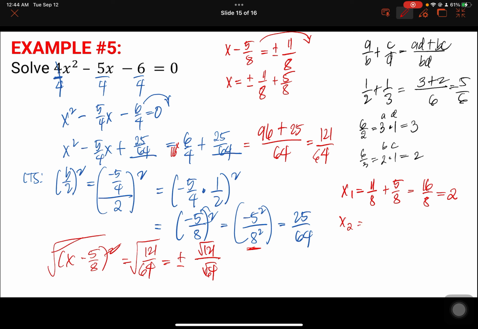And x sub 2 natin ay equal kay negative 11 over 8 plus 5 over 8 or equal kay negative 6 over 8. Or, mas simplify, negative 3 over 4. Therefore, our value of x is equal to 2 and negative 3 over 4.